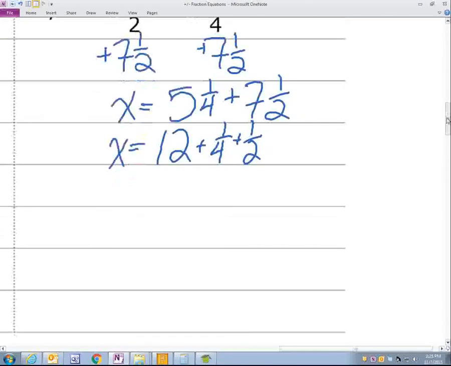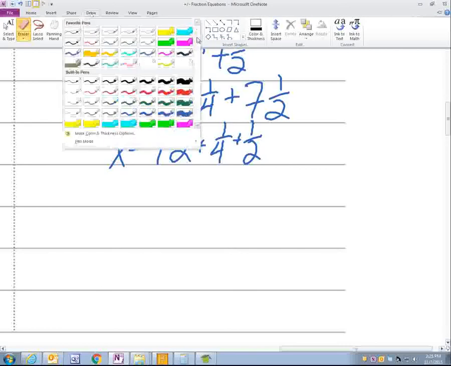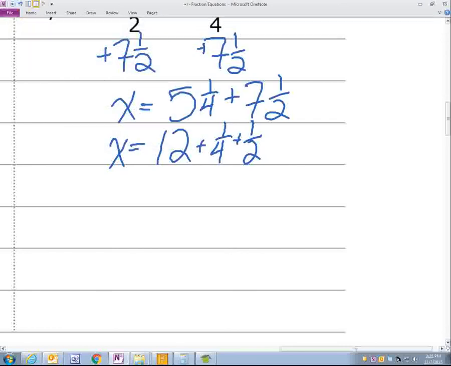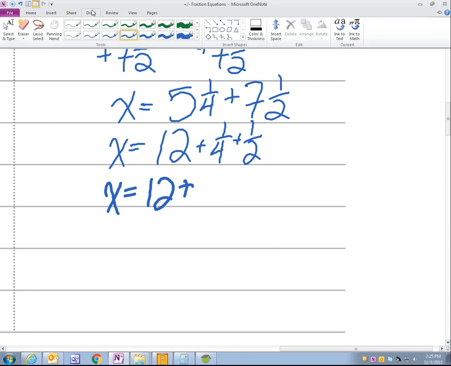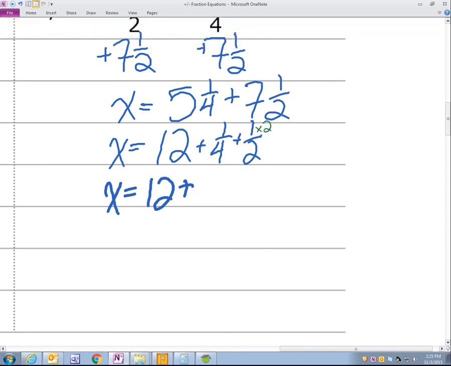All right, now I'm back. I have x equals 12 plus, what is the LCD of a quarter and a half? Yes? 4. The least common multiple of those two is 4. So I'm going to do times 2 here and times 2 here.